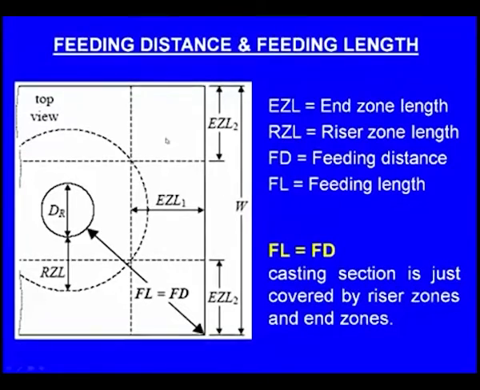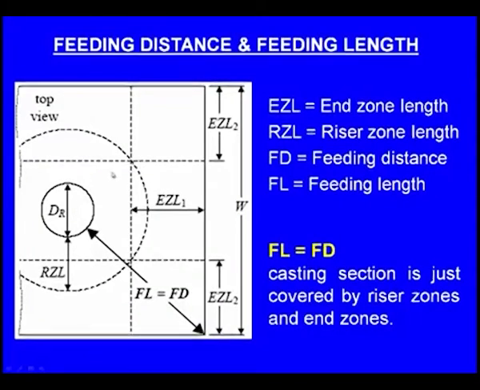For example, say this whole thing is the casting and this is the riser. Now around the riser there is a riser zone, which means in this circle there is no shrinkage because the riser is present.